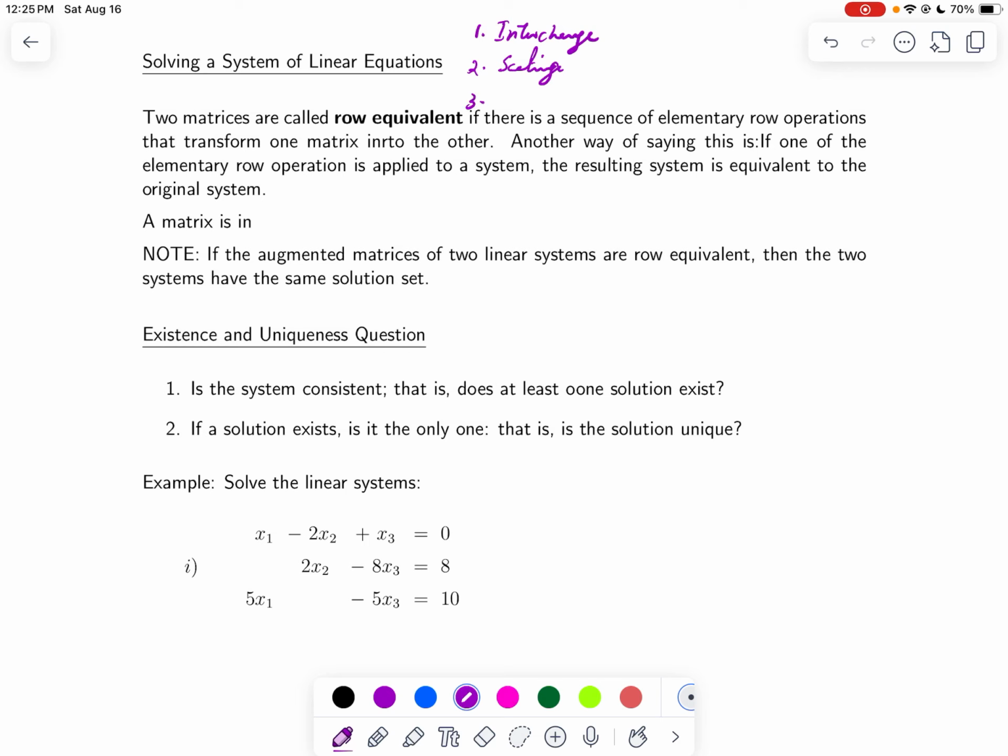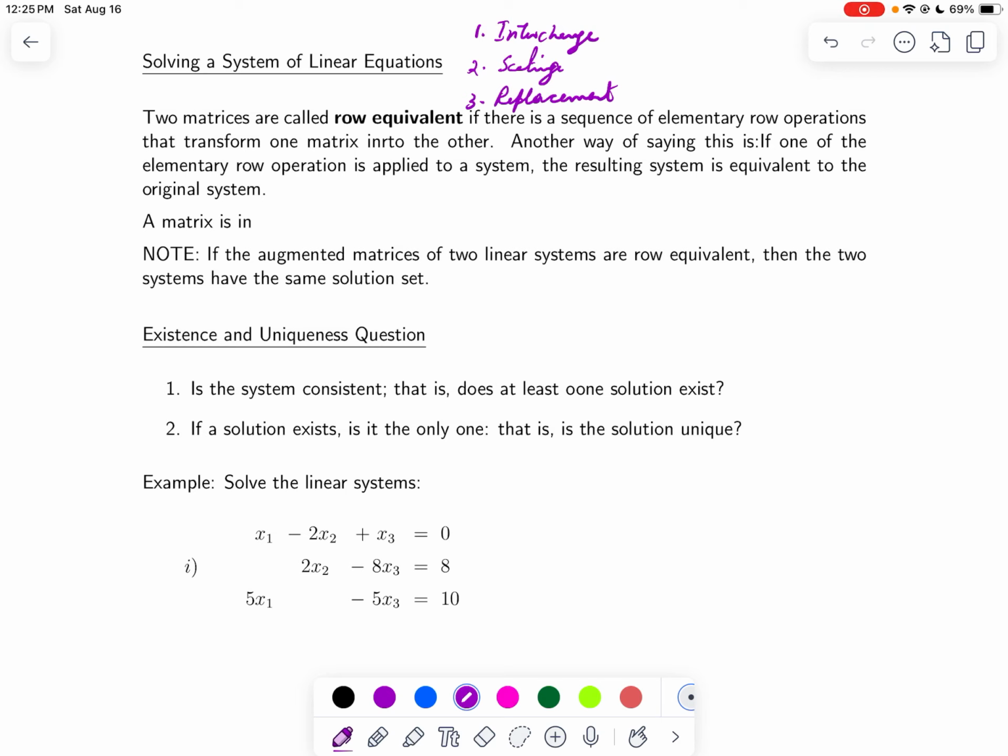And the last one was replacement. Replacement means that you can replace a row by adding to that row a multiple of some other row. So remember, the row to which you are adding a multiple is going to change. The other rows will stay the same.